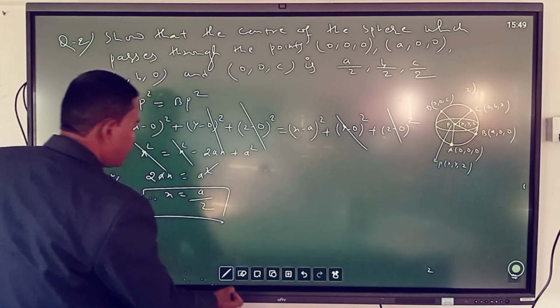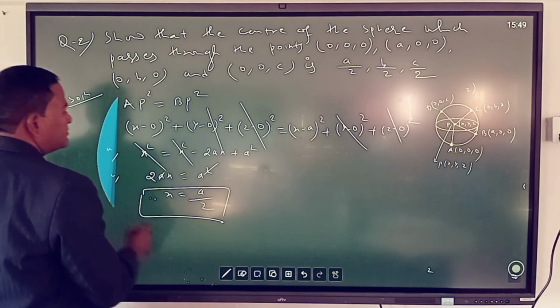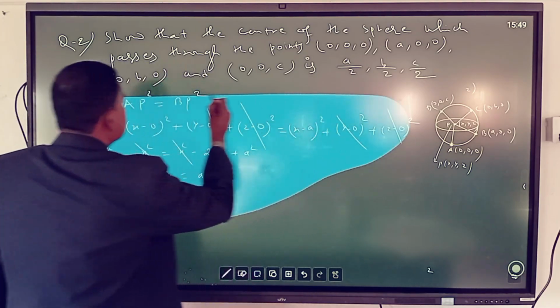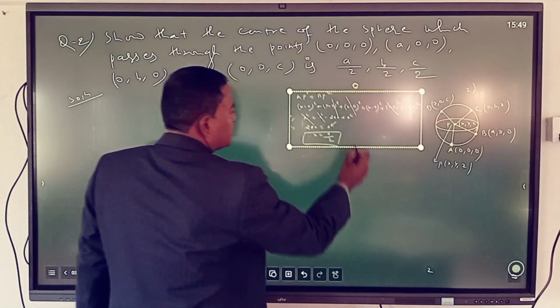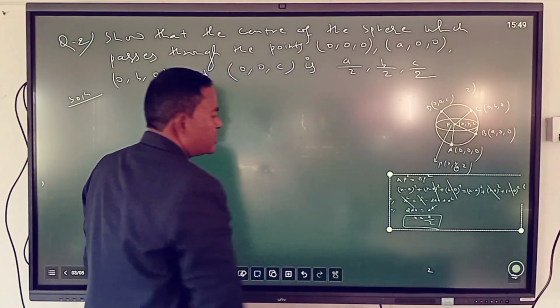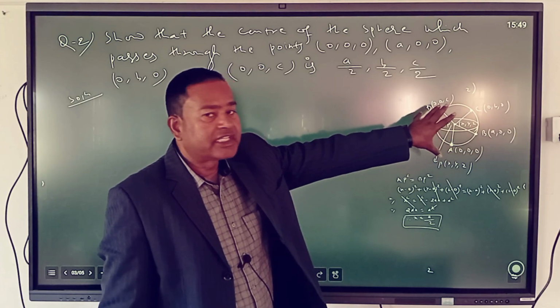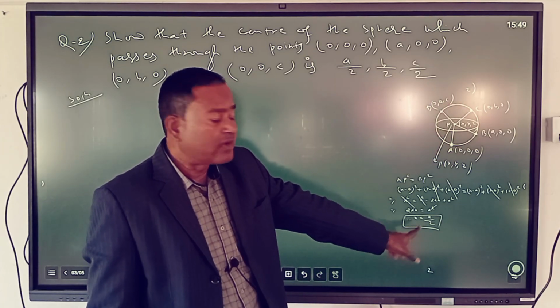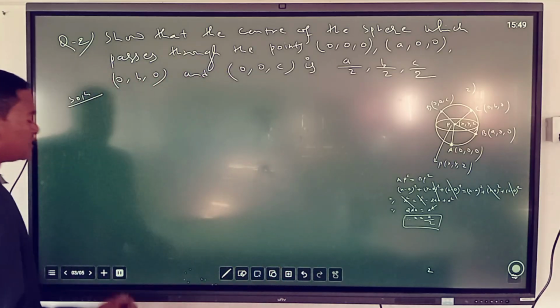Dear student, let's follow the same process. The x coordinate of the center of the sphere under the given condition is x equals a by 2.